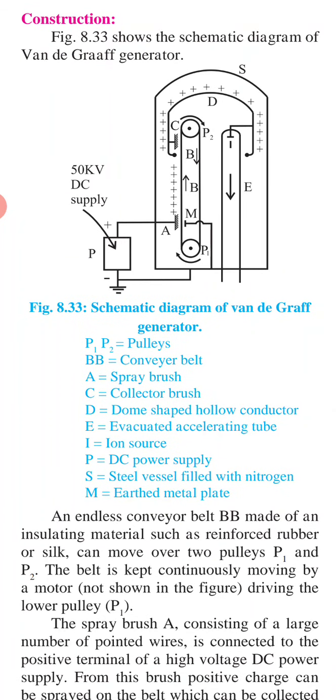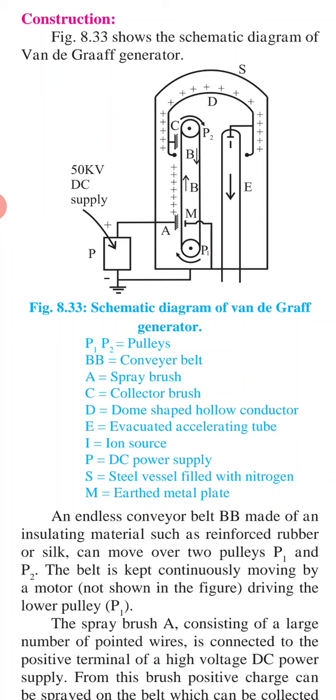An endless conveyor belt BB is made of an insulating material such as reinforced rubber or steel, and can move over two pulleys P1 and P2. The belt is kept continuously moving by a motor driving the lower pulley P1. The spray brush A, consisting of a large number of pointed wires, is connected to the positive terminal of a high voltage DC power supply.